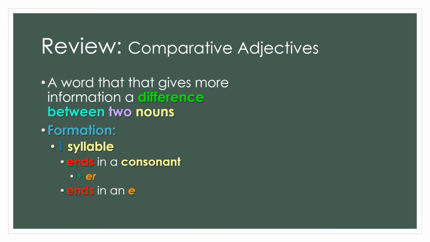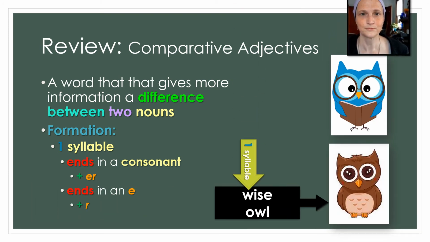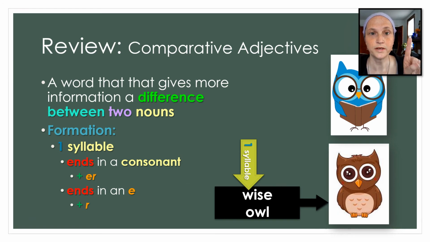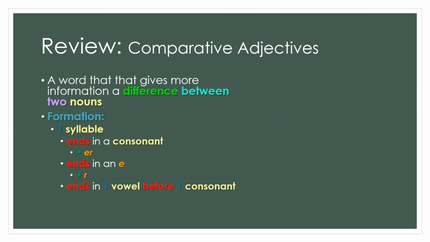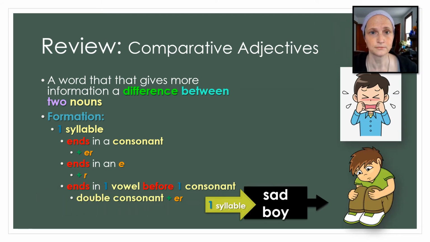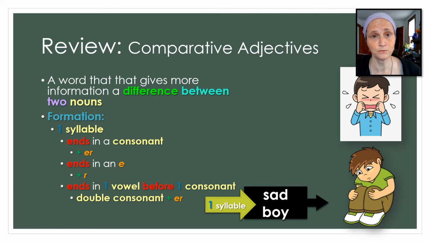If you have a one-syllable comparative adjective that ends in the letter E, you just add the letter R. Wise, one syllable, wiser. If you have a one-syllable comparative adjective that ends in one vowel before one consonant, you double the consonant and add ER. Sad, one syllable, sadder.